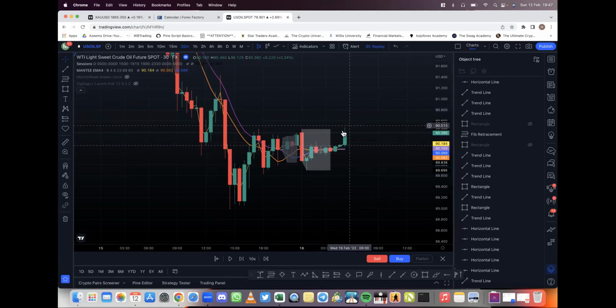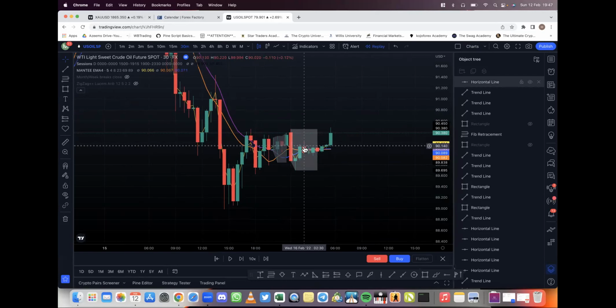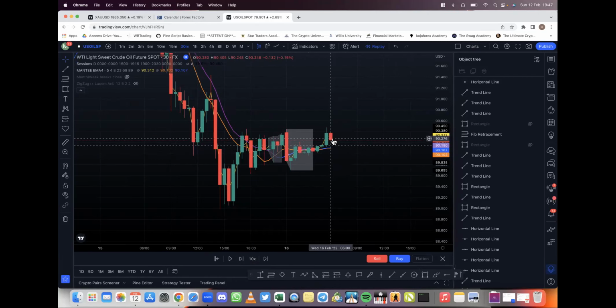You know what I mean? Because here, you see, we've broken this level and then we've crossed the moving average, clearly crossed it. Then we are in the trade here, targeting there.